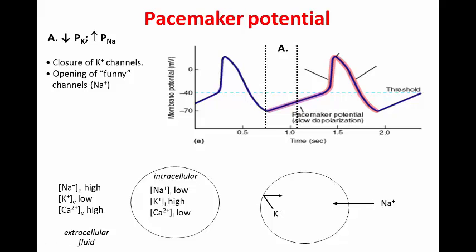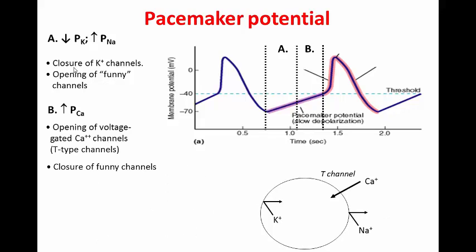So in this part of the pacemaker potential, we have opening of funny sodium channels. So we have an increase in the permeability of the membrane to sodium, and we have a decrease in the permeability of the membrane to potassium because of the closure of the leak potassium channels.